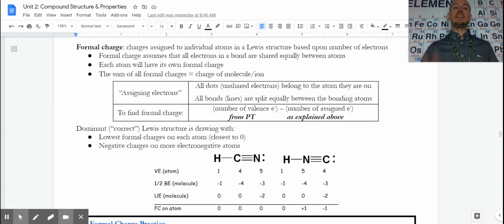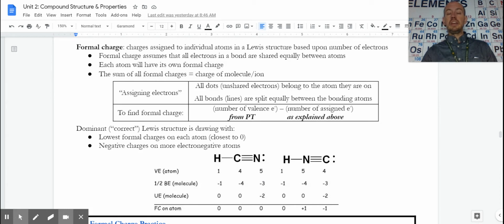So formal charge is made up. It's just a way for us to think of, with those shared electrons, how are they being shared? So these are not real charges. This is not what really happens. Down in this Lewis structure, that carbon has all 6 of these electrons attracted to its nucleus, but for formal charge's sake, we split them in half as if 3 of them belong to the carbon and 3 to the nitrogen.